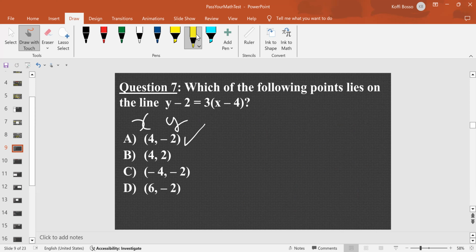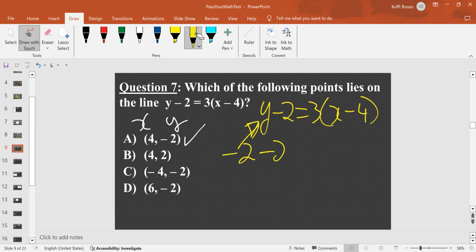Therefore, in the equation, y minus 2 is equal to 3 parentheses x minus 4. To see if the first point lies on the line, we're going to replace y by the y value, which is negative 2, minus 2.